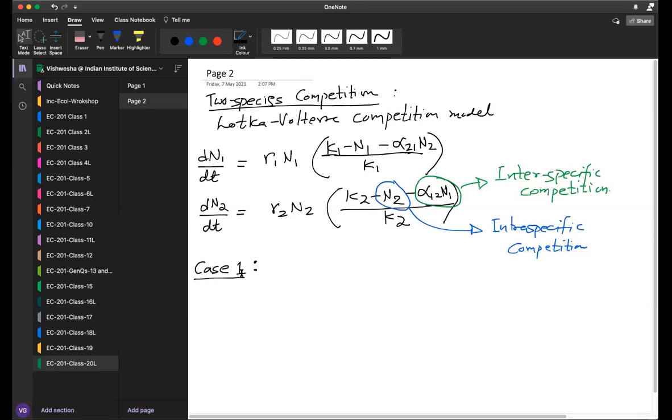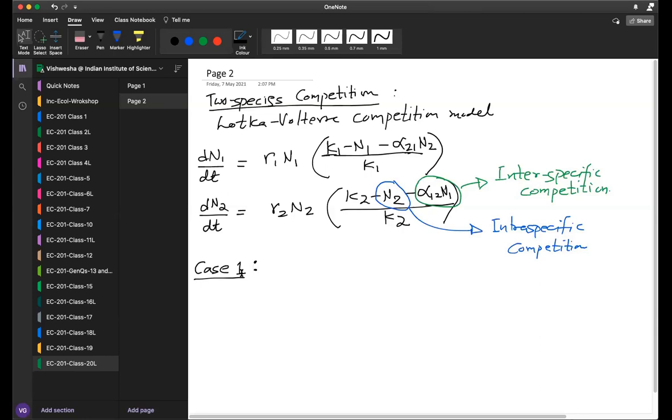Does it make sense? So imagine a case where alpha 1,2 is greater than 1. What does that mean? That actually means that the interspecific competition is more than the strength of intraspecific, right? So intraspecific is taken to be 1 unit here, okay?